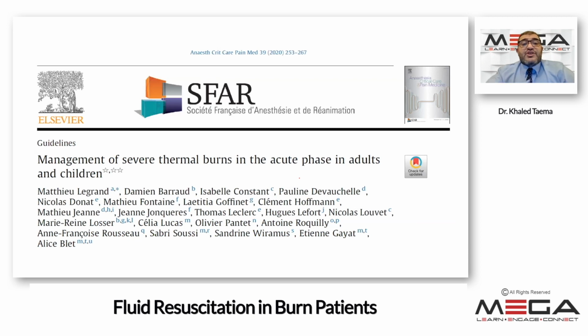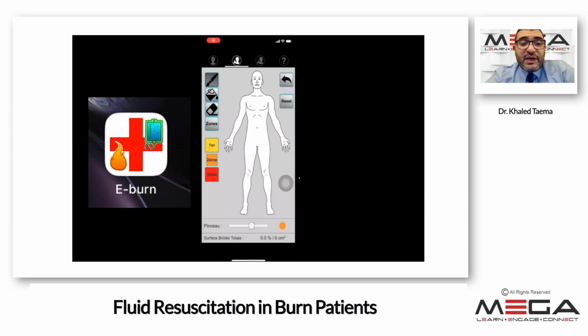Another simplification done by the French Society of Anesthesia is the publication of the mobile application, which is the eBurn app, through which you will mark the burn area, and the app will automatically calculate the burn surface area from the front of the patient and from the back of the patient.